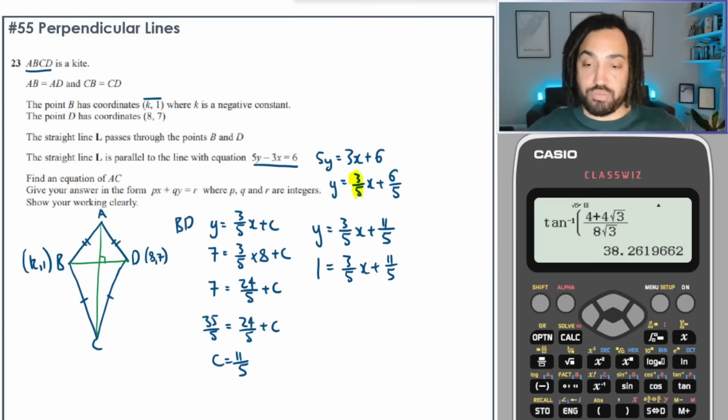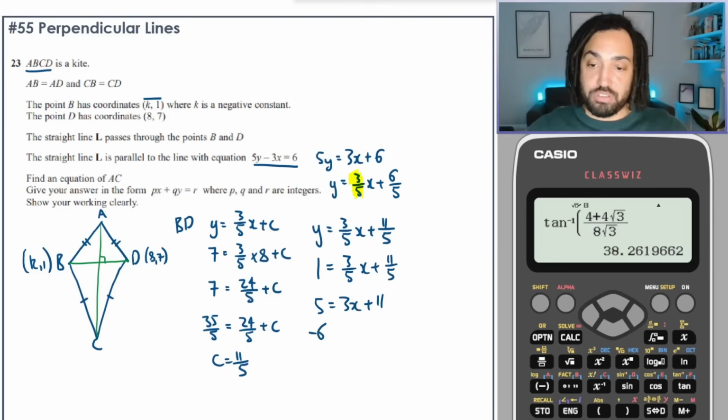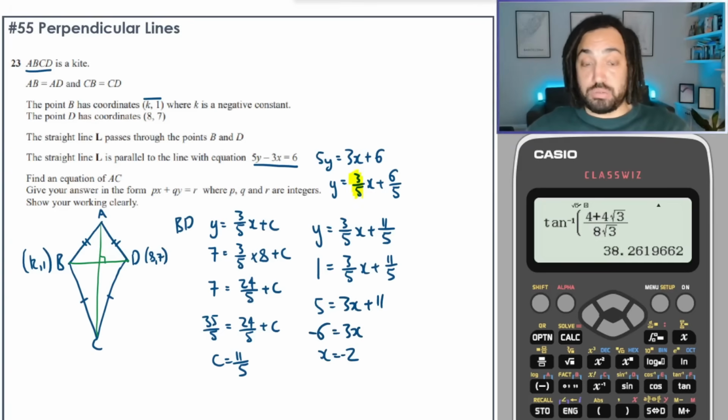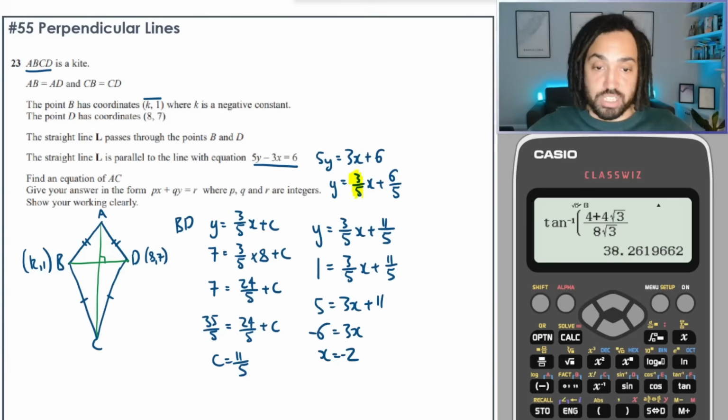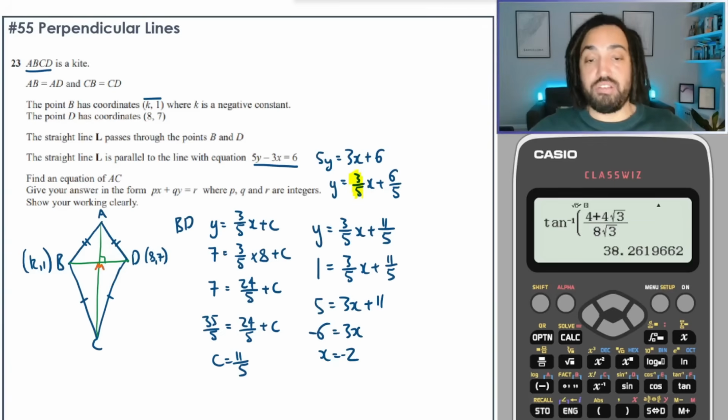Times through by 5, subtract the 11 and then divide through by 3. Okay, great, we've got the x coordinate, which means we can find the midpoint of this line, which is going to be very helpful because that is a point which is definitely on AC.